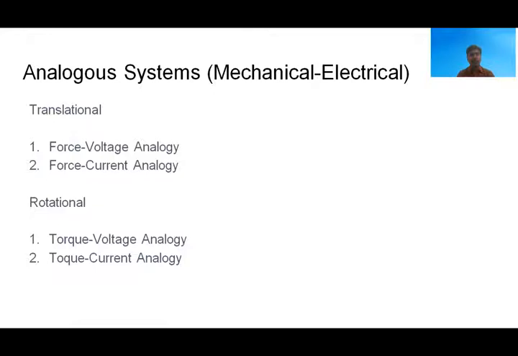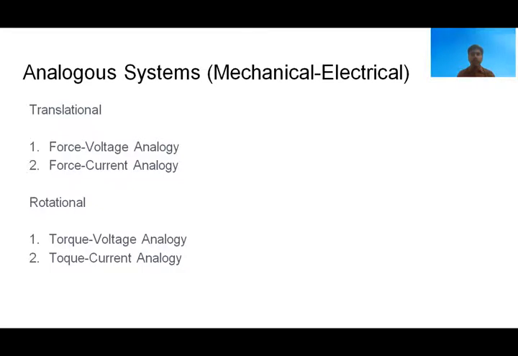If the mechanical system is a translational system, then the input of the system is force, but for the electrical system, the input may be voltage or current. Therefore, the electrical analogy of mechanical translational systems is categorized into force voltage analogy and force current analogy.